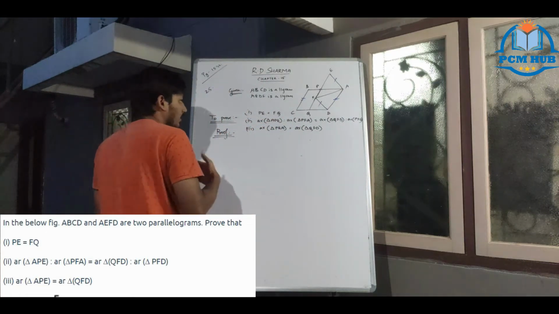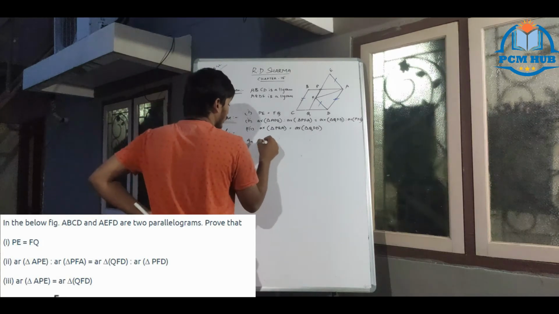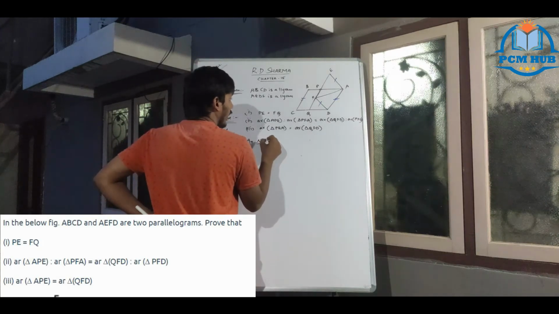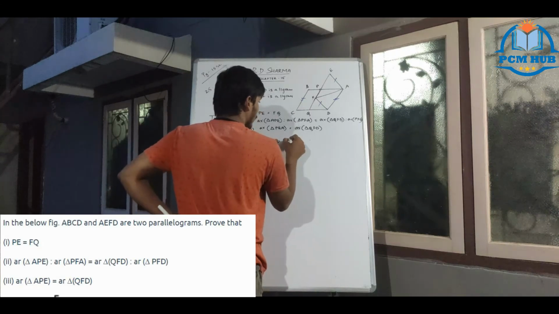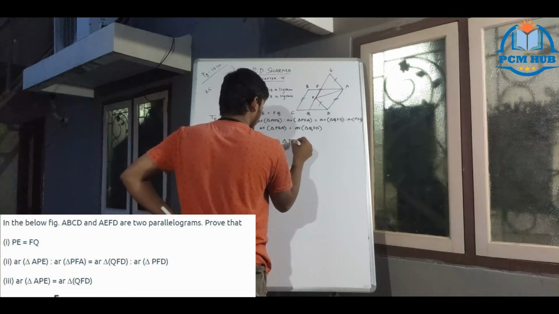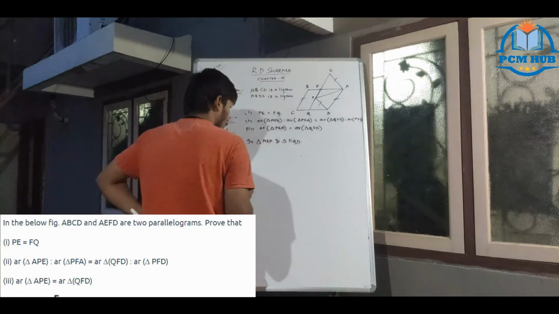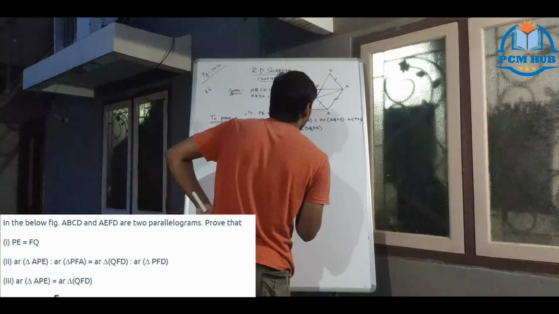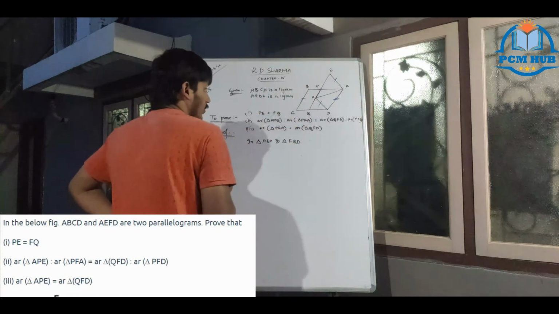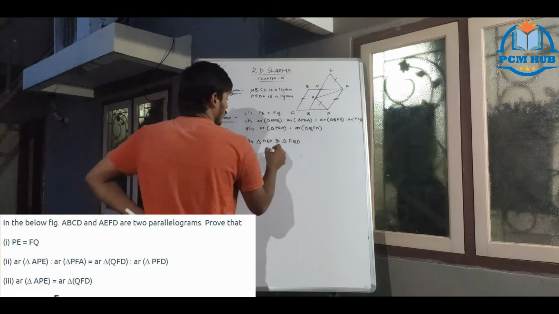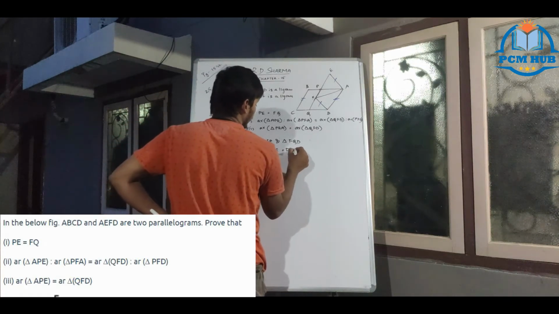Let's go to the proof first. In triangle AEP and triangle FQD, our first thing is AE equal to DF.